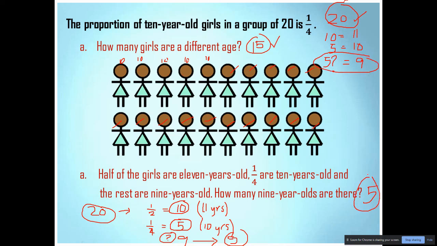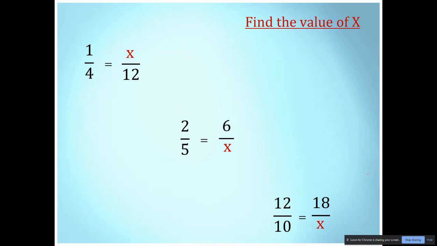5 9 years old. Okay, let's try to find the value of x in here. Okay, as I've said, there are two ways to find the value of x. The first one is the cross multiplication, and the second one is the factor. Okay, let's try the first one. You multiply first the one with the variable x.